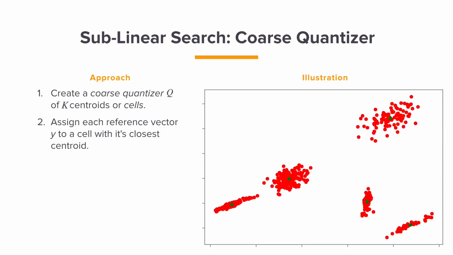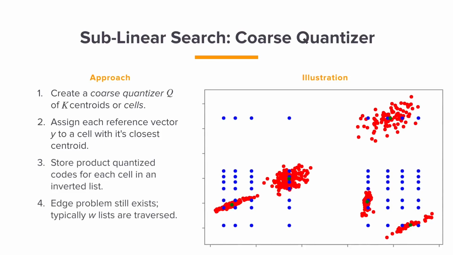So, hopefully, in theory. For the coarse quantizer, we run k-means on the data with a really low k. Then we assign each reference vector to the cell with its closest coarse centroid. Then you run product quantization, and this is the really fun figure. If you ran product quantization with n equals 8, we get this grid-like structure again. You'll notice a lot of them are getting nothing; we're going to come back to that in a bit.